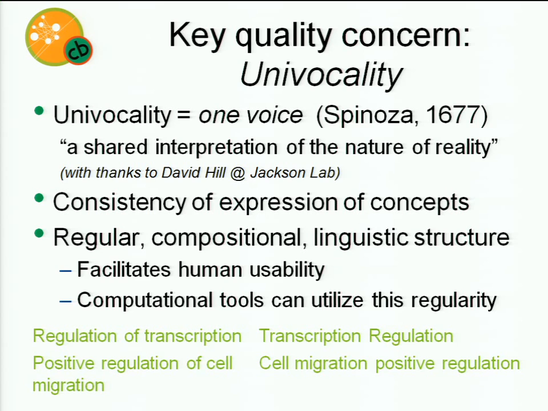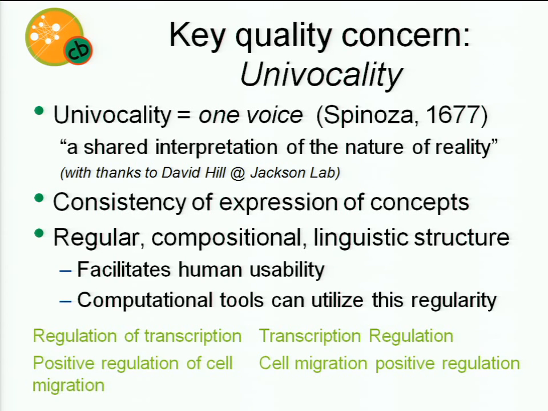So regulation of transcription can be expressed as transcription regulation, and positive regulation of cell migration could be expressed as cell migration positive regulation. However, there's a predominant form that's used in the gene ontology, and in order to have consistency, we would like to avoid having variations of the sort we see on the right.